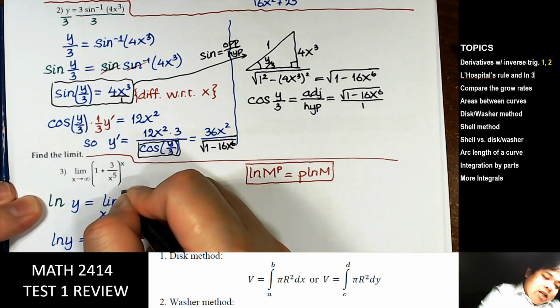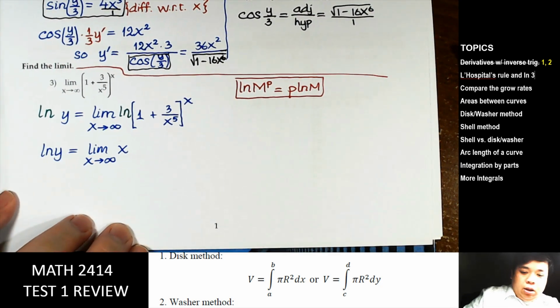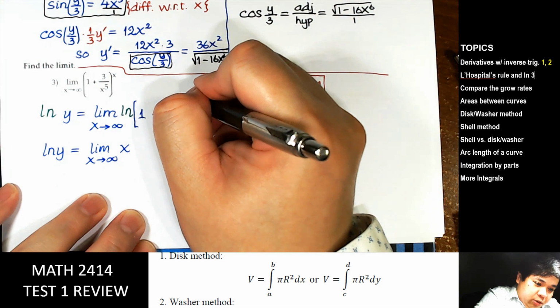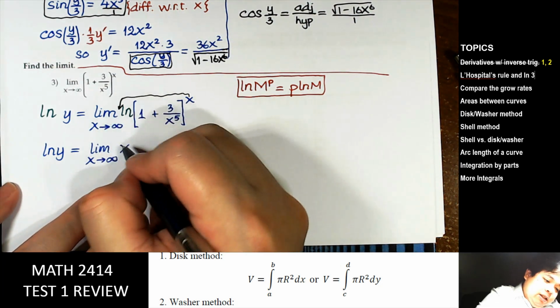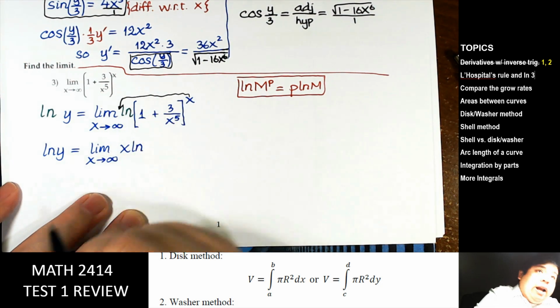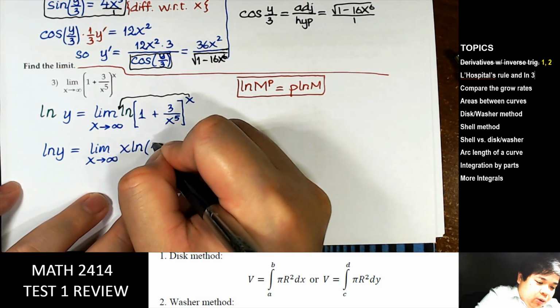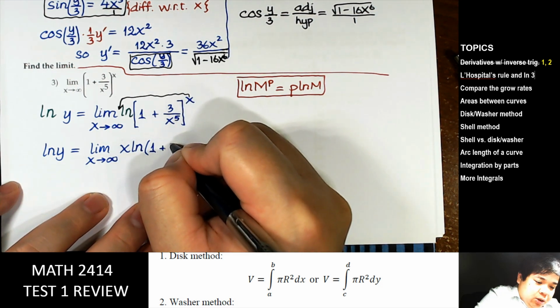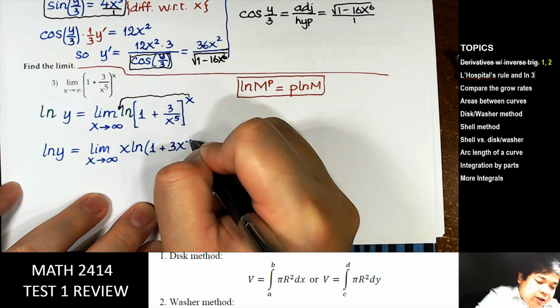Now we will take the x outside, so that x will go in front of the ln. Now, because later on we will take the derivative, I will write 1 plus 3x to the negative 5.